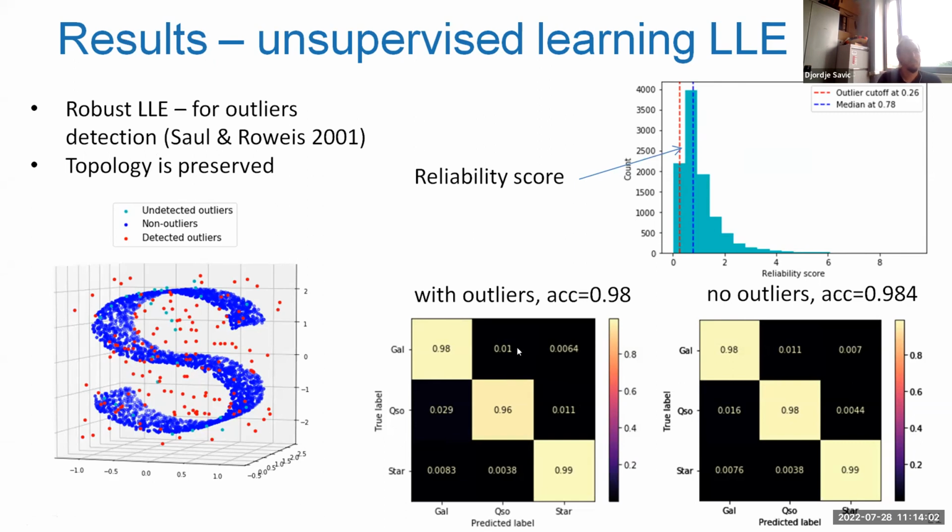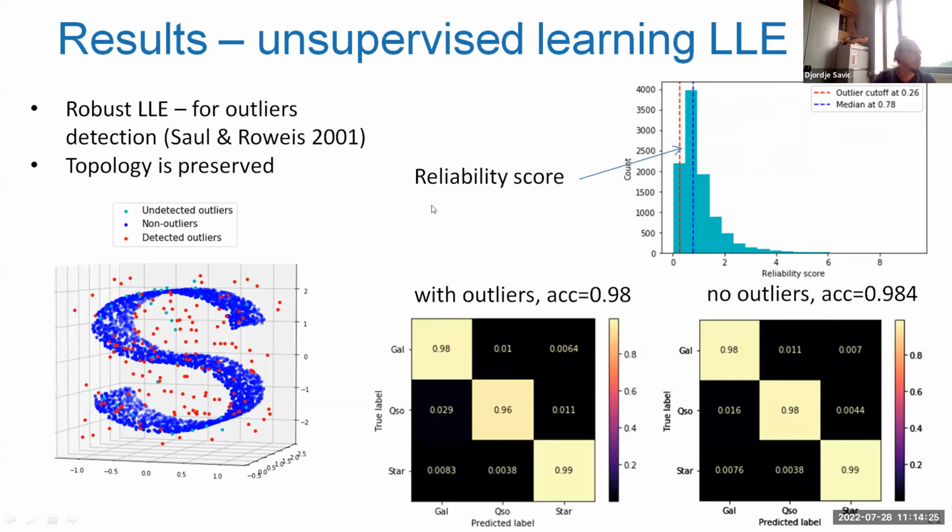After removing the outliers, we train our classification method. With outliers, this brings 98% accuracy, and when we remove them, it's possible to increase the accuracy by 0.5%.